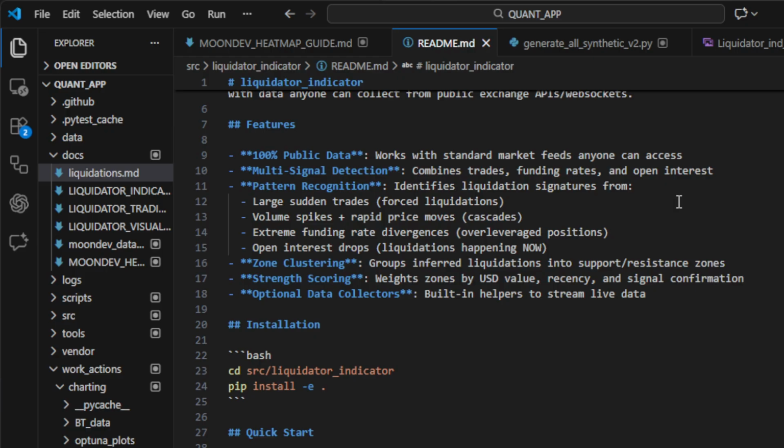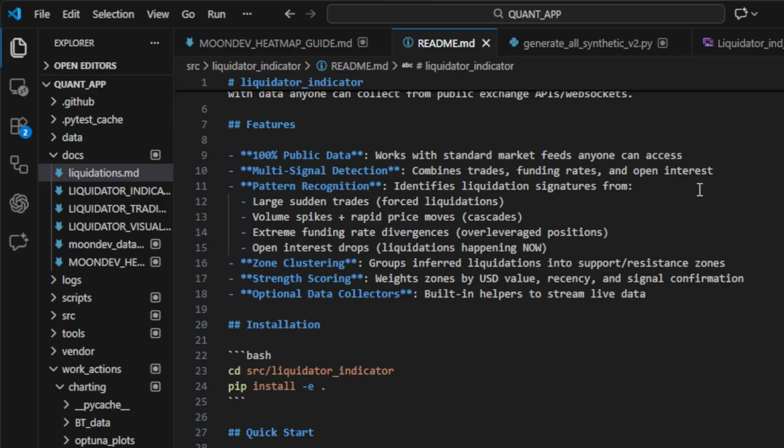Extreme funding rates, divergences, over-leveraged positions, open interest drops, liquidations happening now. Zone clustering groups inferred liquidations into support and resistance zones, strength scoring weighs zones by USD value, recency and signal confirmation. Optional data collectors, built-in helpers to stream live data.